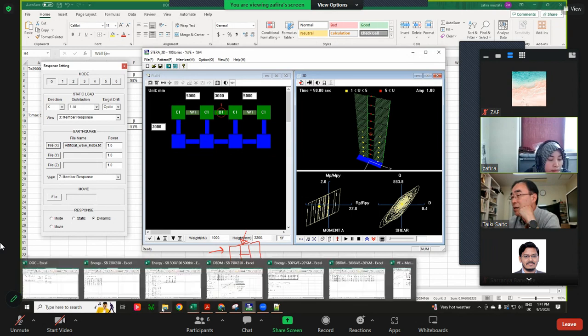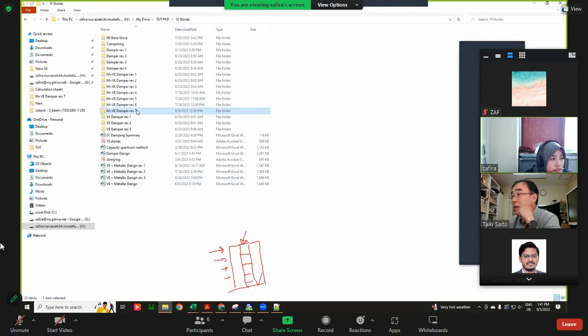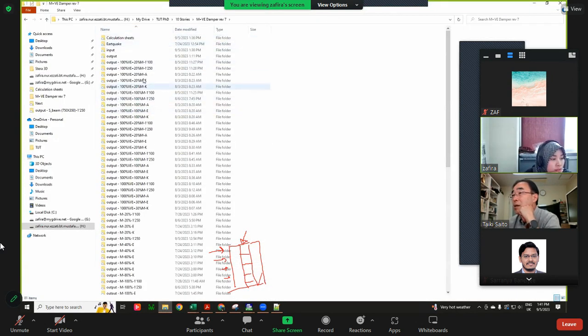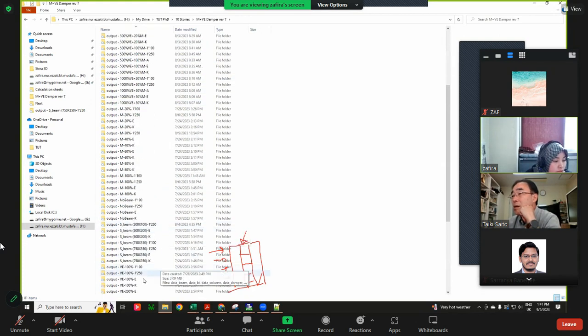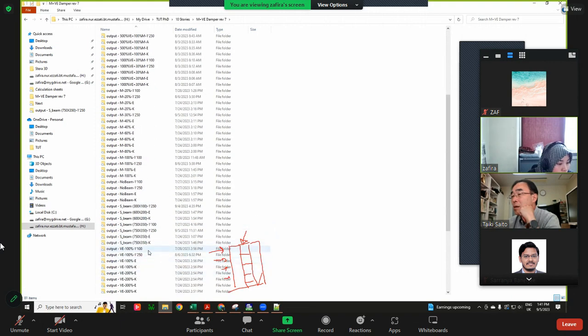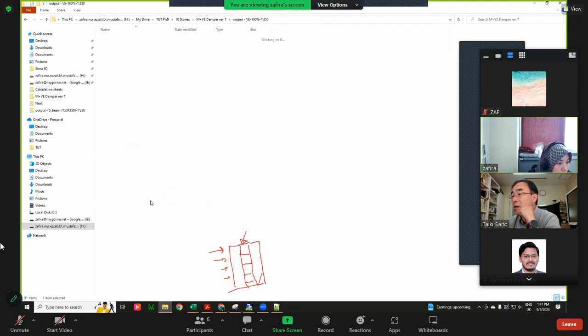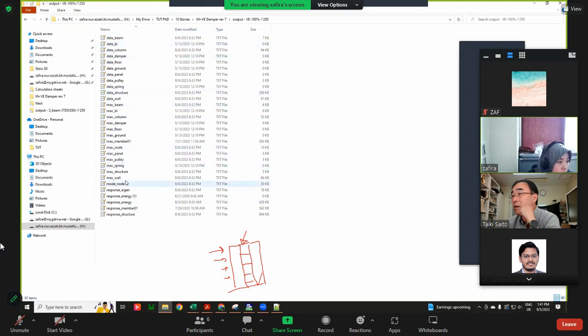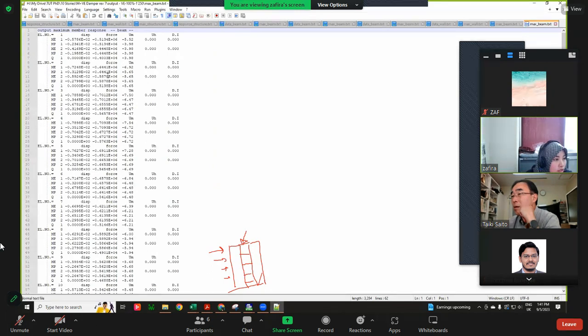But for the max beam, for example with viscoelastic, there is a Q here. We cannot use this one.